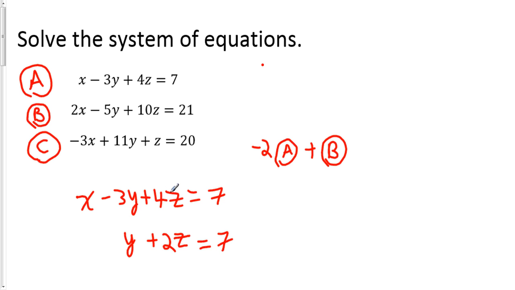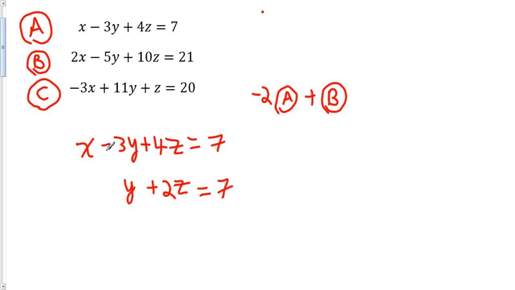So row B turns into this, and my third equation is going to stay the same. The only equation that changed by doing this was the second equation, the one that I was adding to. Let's keep these lined up.